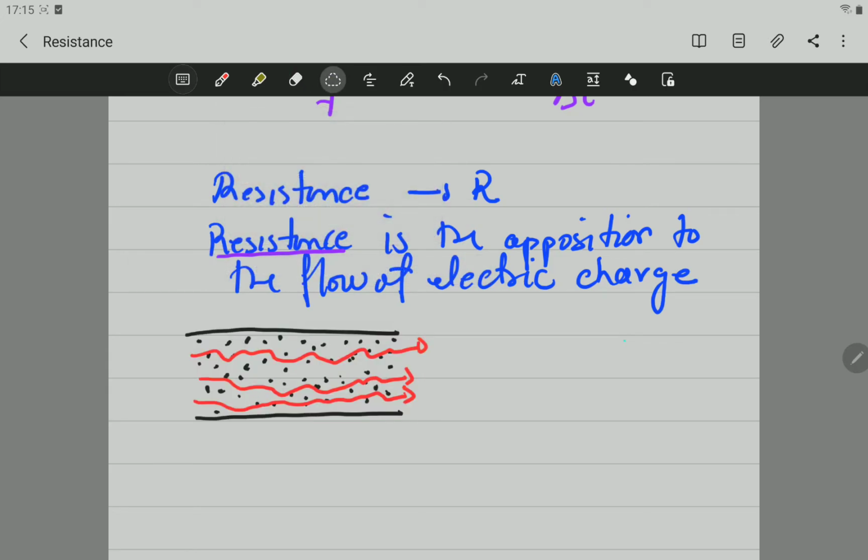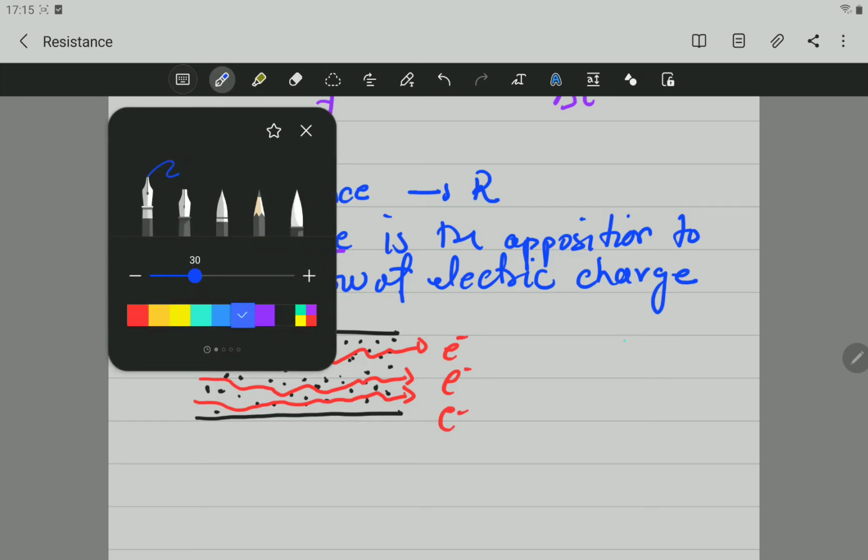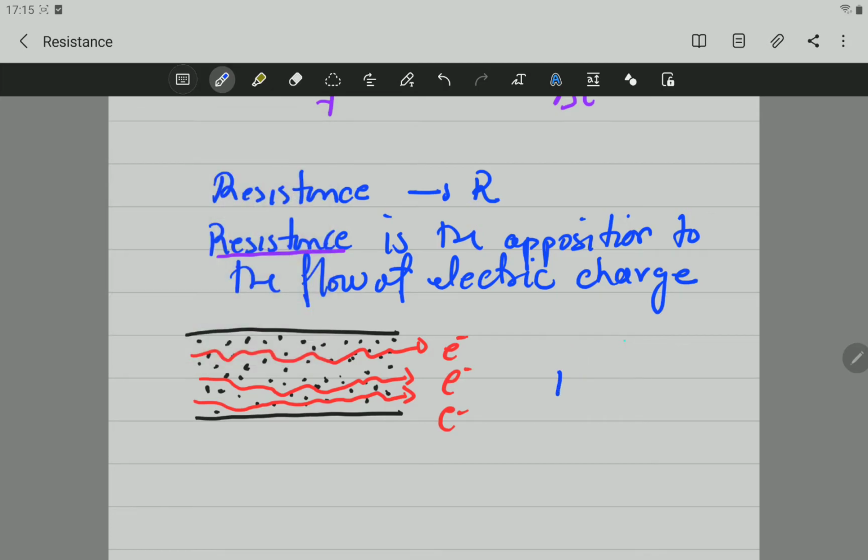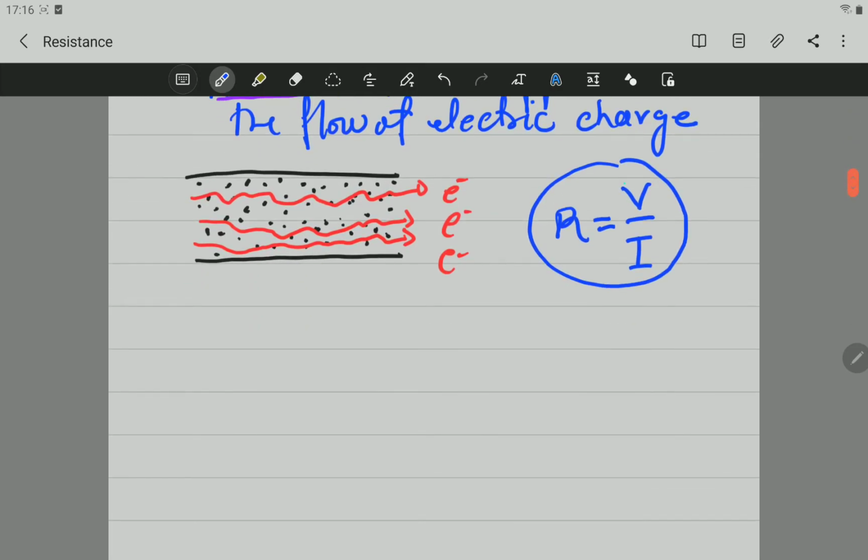Now this is electric charge that is passing through a conductor. The electric resistance of a resistor, R, will be equal to the voltage or potential difference divided by electric current. This is a law which we will explain a little bit later in further grades.